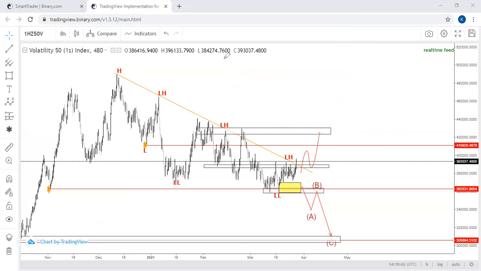Because V51s and V75 are very volatile, and if you try to change their trend, you're going to risk a very huge capital.